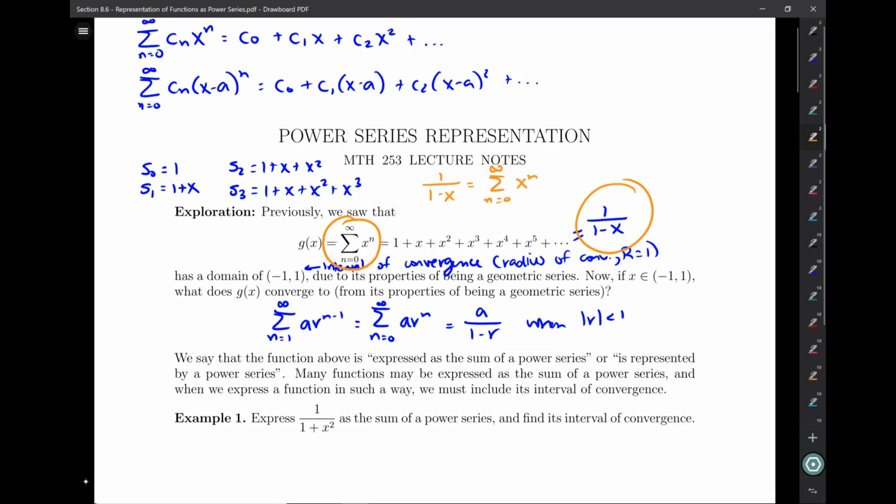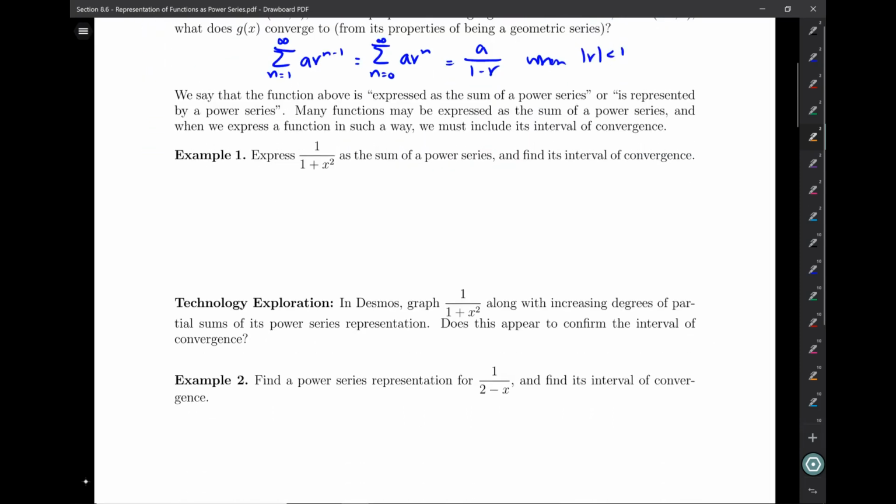Some of those manipulations are going to be substitutions, like replacing x with something different, or we could multiply through by either a constant, or by x to a power to create something else. We could integrate, we can differentiate. There are lots of cool things that we can do to tweak this power series to create new power series representations for different functions. Okay, so that's what we're going to be looking at doing.